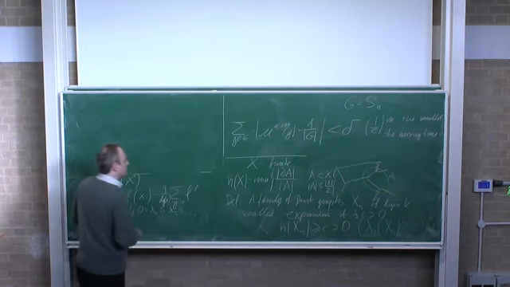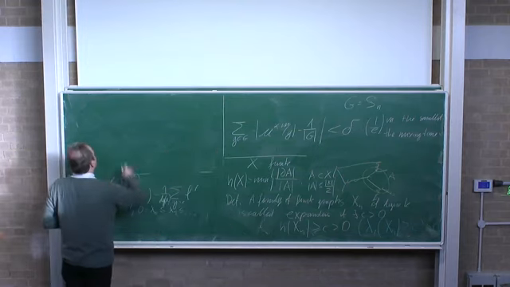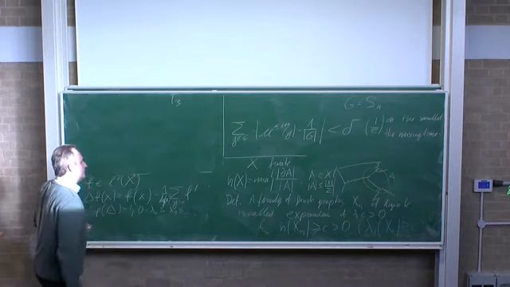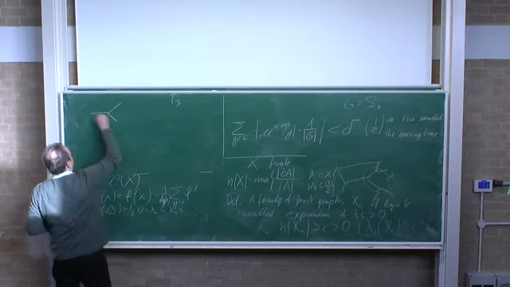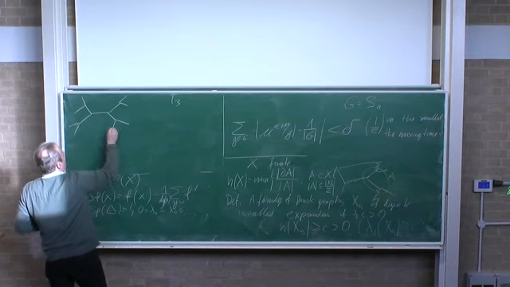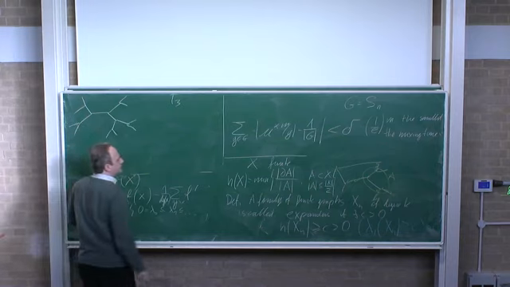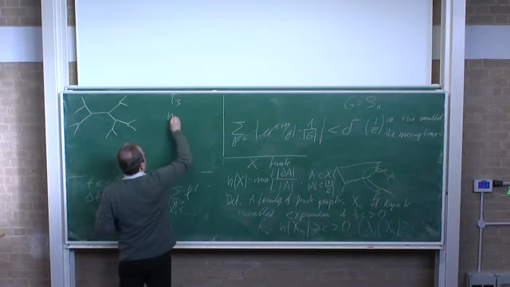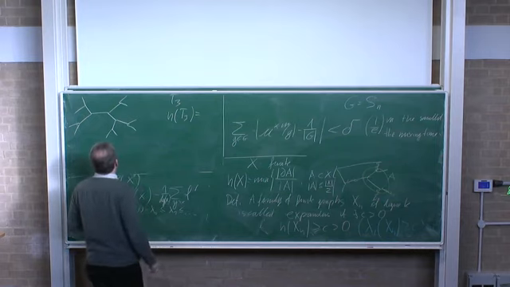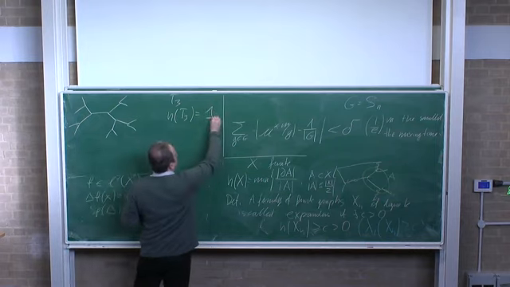So for degree 3, it's a tree of degree 3, the graph of degree 3 with no loops, and it's an easy exercise that the isoperimetric constant for this graph is equal to 1.